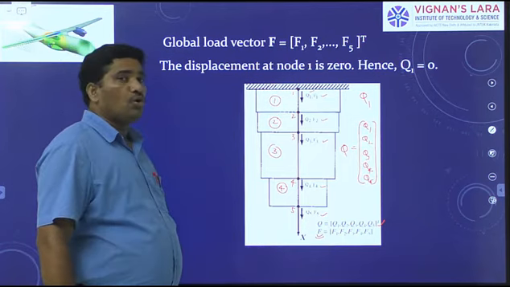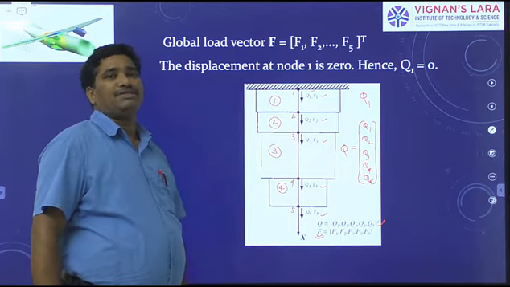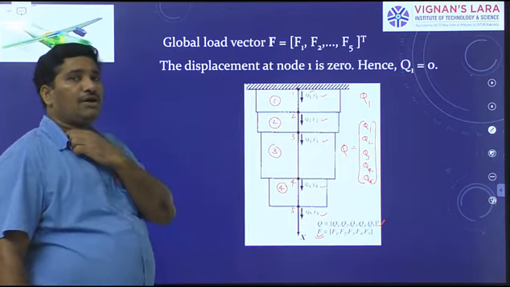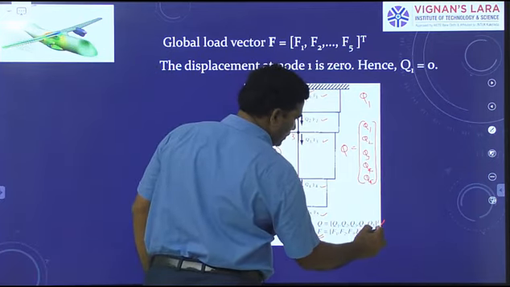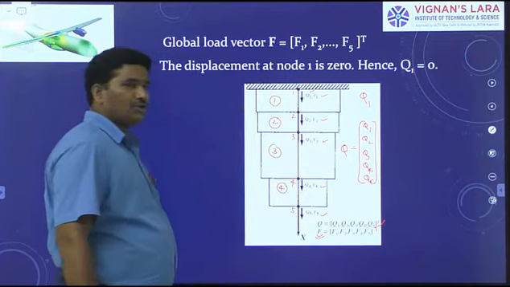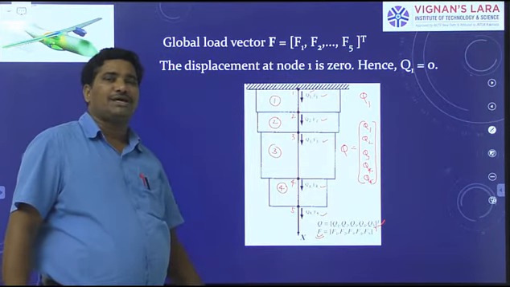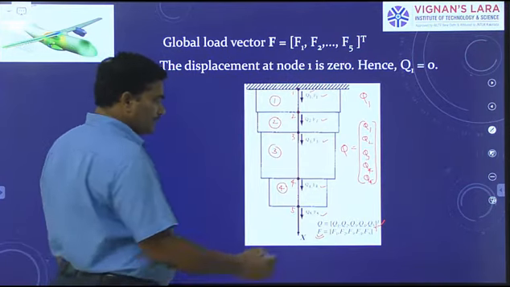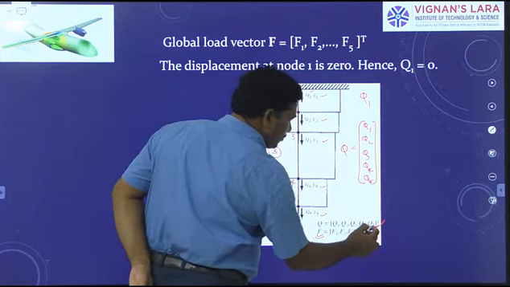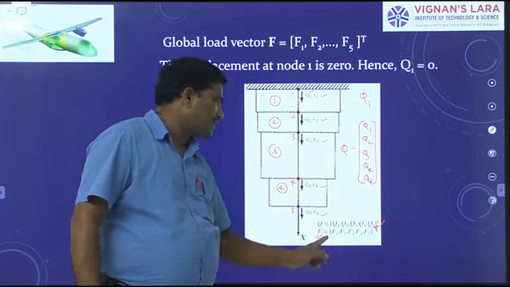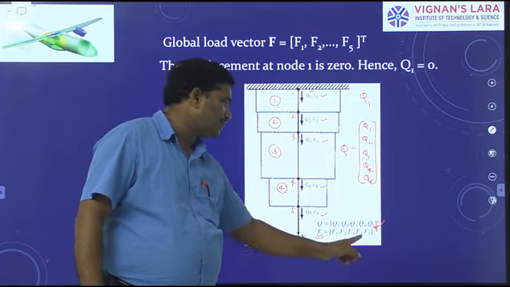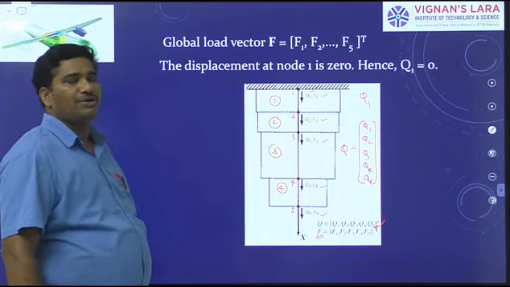F denotes the global load vector, which is also a column matrix. How do you write it? Transpose of the row matrix having the elements F1, F2, F3, F4 and F5. Global load vector.